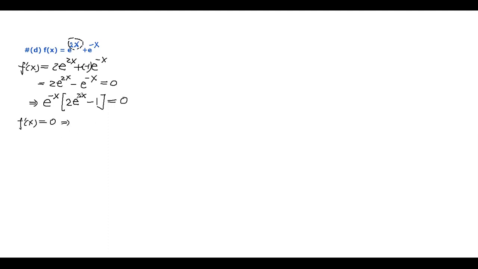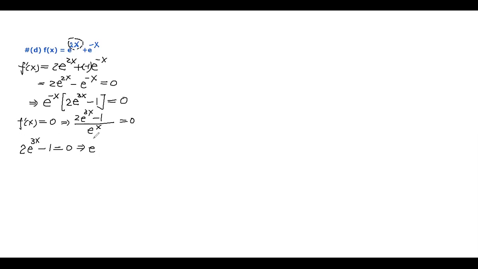That means the e to the x, then 2e^(3x) minus 1 equal to 0. And I know the denominator cannot be equal to 0. So what I have here is 2e^(3x) minus 1 equal to 0.